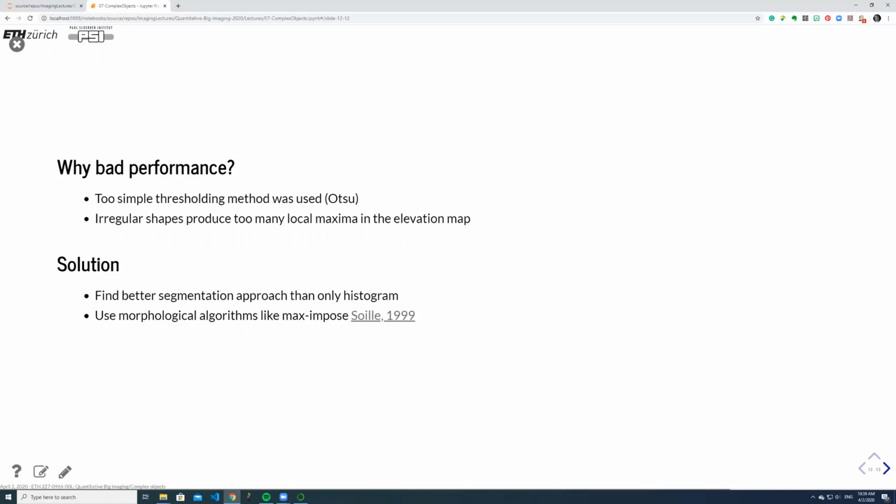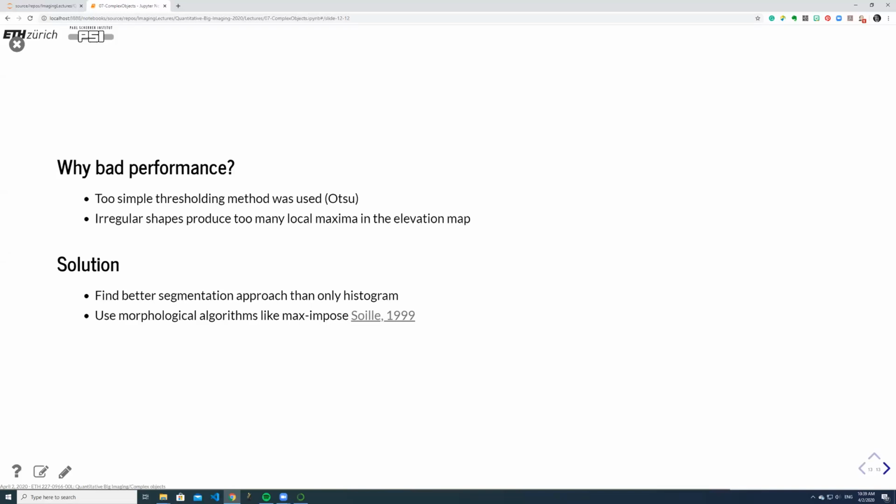So the solution is, first of all, to use a better segmentation. The histogram seems not to be the right choice. And also to use different morphological algorithms, like one called maximum impose.